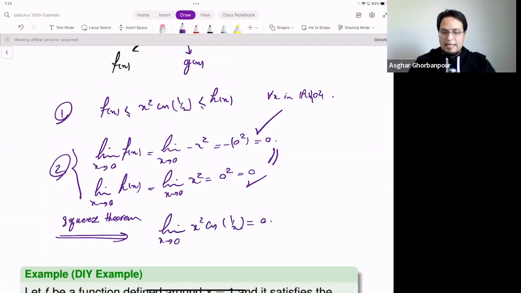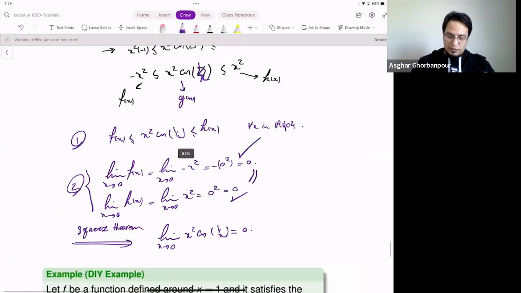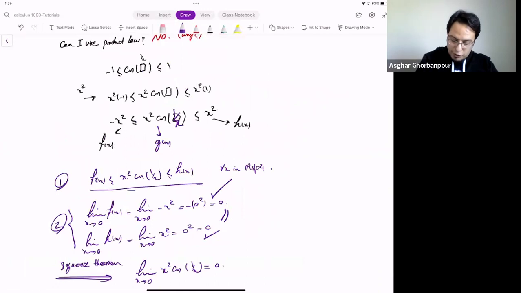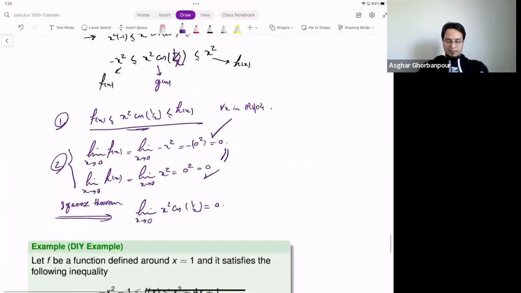And that's how you use the squeeze theorem. You have to make sure that you find two good functions, one bigger, one smaller than your function, and they have the same limits as x goes to the given number a. And then you can use the squeeze theorem, and it will give you the value.